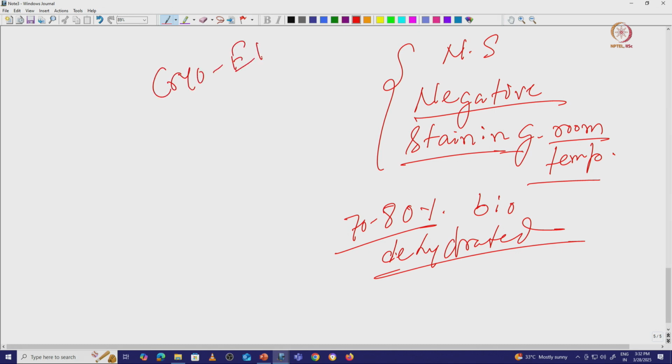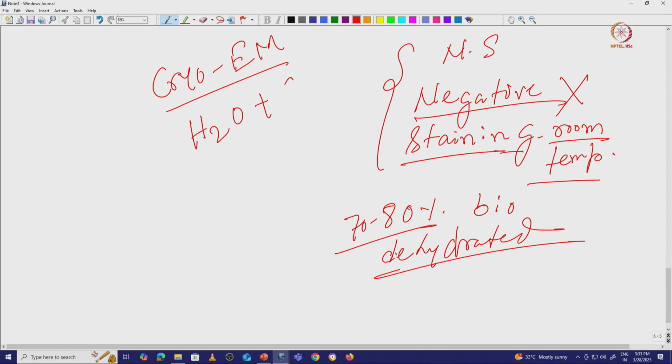But what about the cryo electron microscope? Generally we have to use a very small amount of electron dose, because in cryo electron microscopy we are not using any negative staining. The sample will stay in the buffer, you can consider in the water.